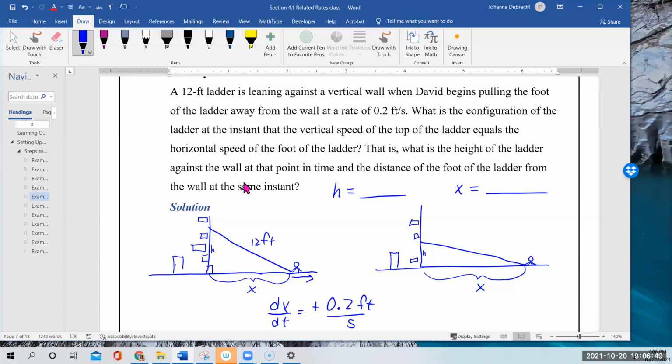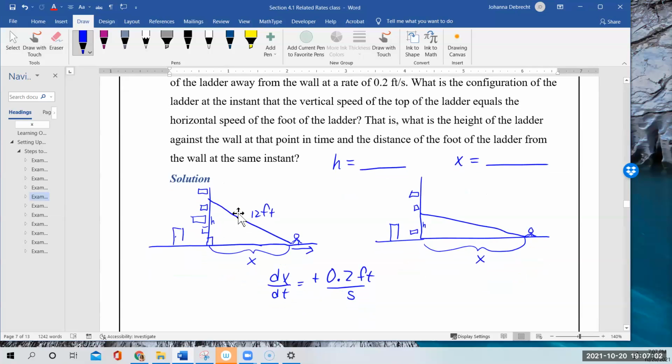What point in time? When the vertical speed of the top of the ladder, what's the vertical speed? Speed and velocity are derivatives. Vertical speed at the top of the ladder has to be the rate of change of the height with respect to time. Speed, however, is the absolute value of velocity.